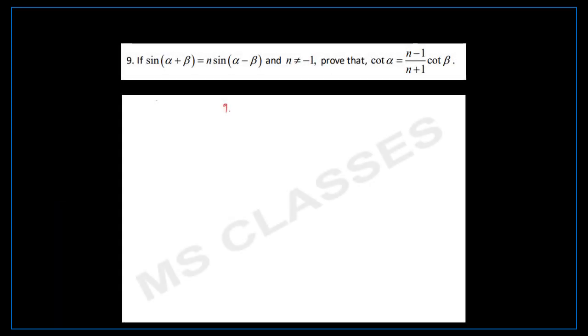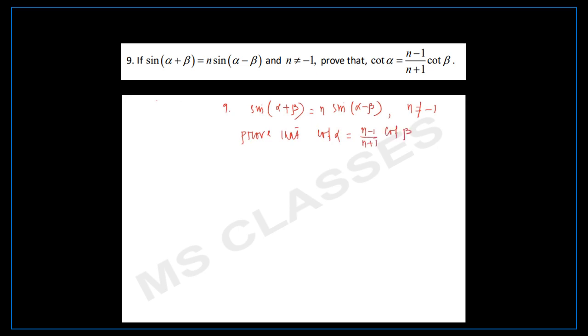Here what we have, it is sine of alpha plus beta equal to n sine of alpha minus beta, n is not equal to -1. And what you have to prove here is that cot alpha equals n minus 1 by n plus 1 into cot beta.